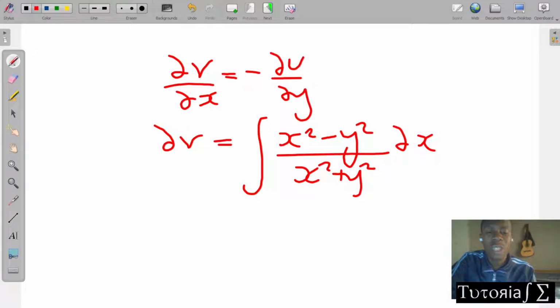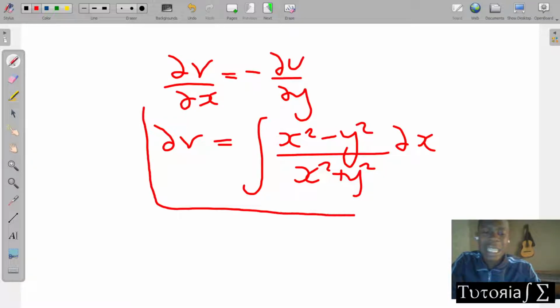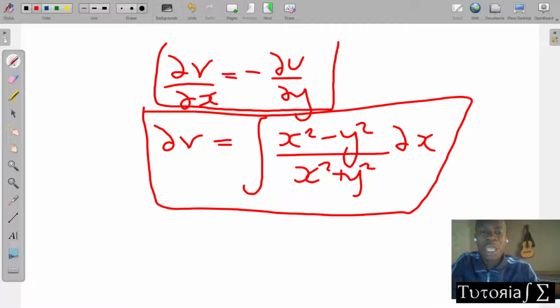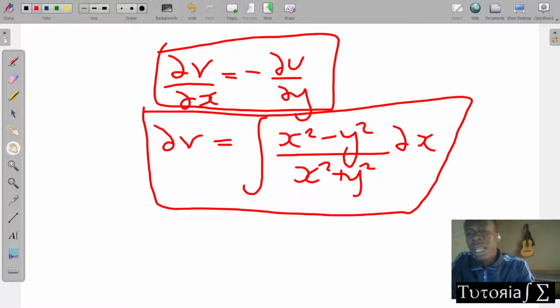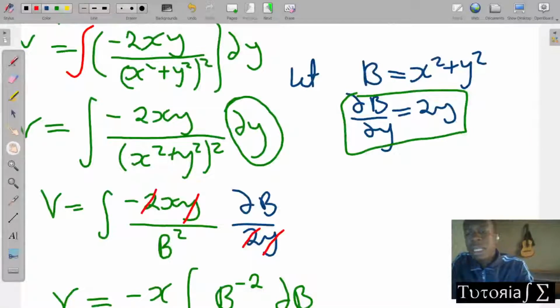It will require using trigonometric substitutions. But if you are not comfortable with this, you just change the equation that you are using. Then you go to the other one that will give you a simpler integrand. So when you reach this point, if you are not comfortable with this integral, you just go to this one that will give you the simple 2xy, and you make the substitution. So now from here, let's do the last one.